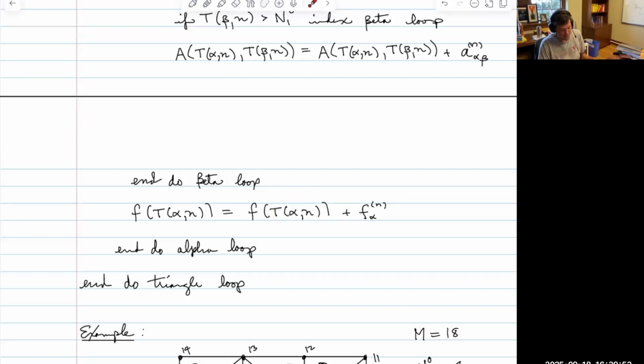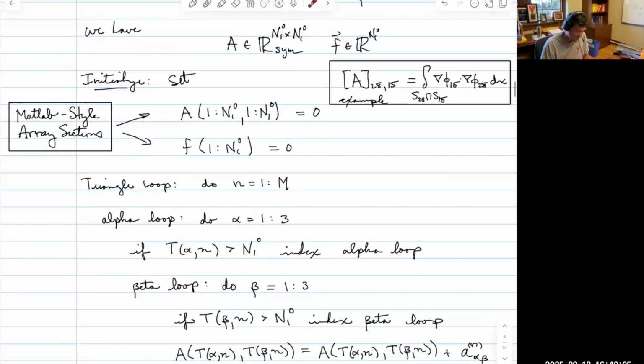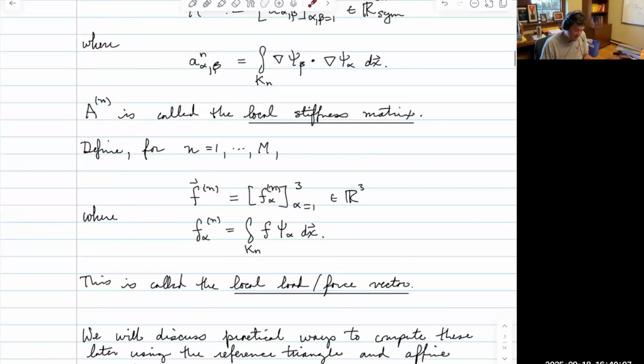So this might be like 28. We're going to take what's already there. It might be 0 or it might have already been updated. And then we're going to add in this integral calculation f alpha n, which, remember what f alpha n was? It was just this guy. And we assumed that that can be calculated easily for every triangle. We assumed also that this can be calculated easily for every triangle.